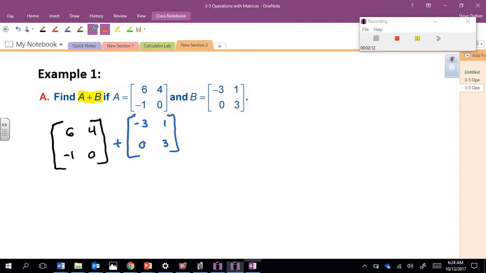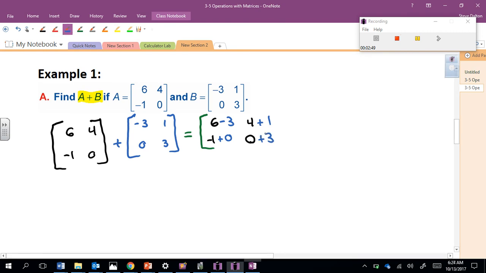And like we said before, when we add our matrices, it's basically going to be corresponding elements, so it's going to be 6 minus 3, and then it'll be 4 plus 1, and then it'll be negative 1 plus 0, and then lastly it's going to be 0 plus 3.